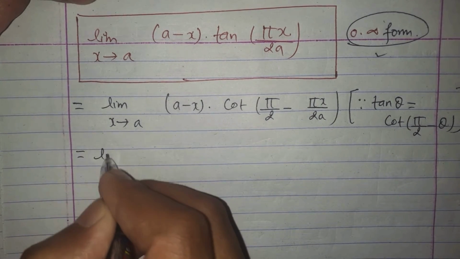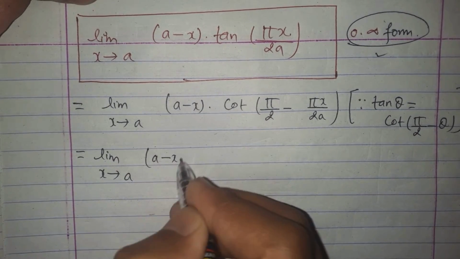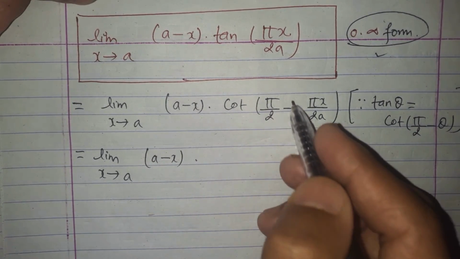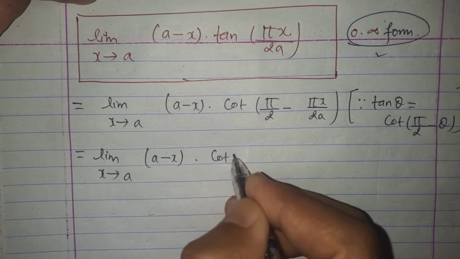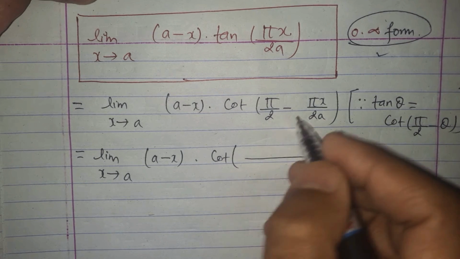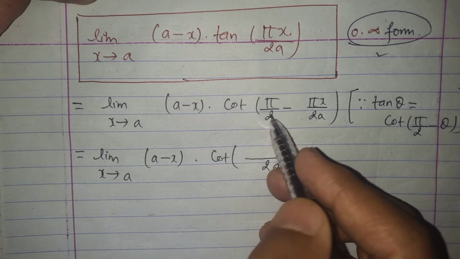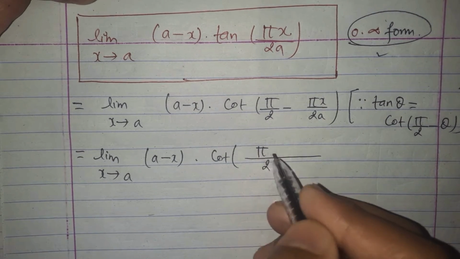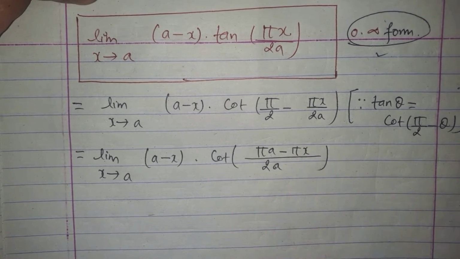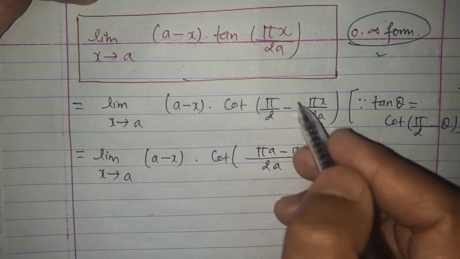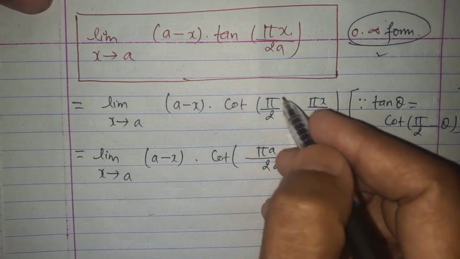And the next step is limit x approaches to a of the function a minus x times cot of. Let's simplify these two fractions inside the parenthesis first. Here the LCM of the denominators is 2a, and then in the numerator, pi a minus pi x. Here we just use the concept of the LCM of the denominator and then simplify these two fractions.